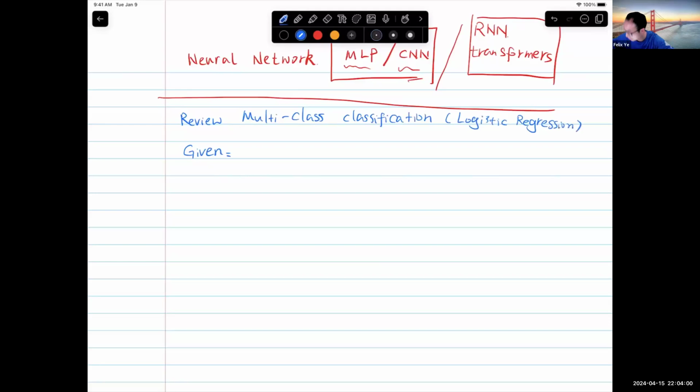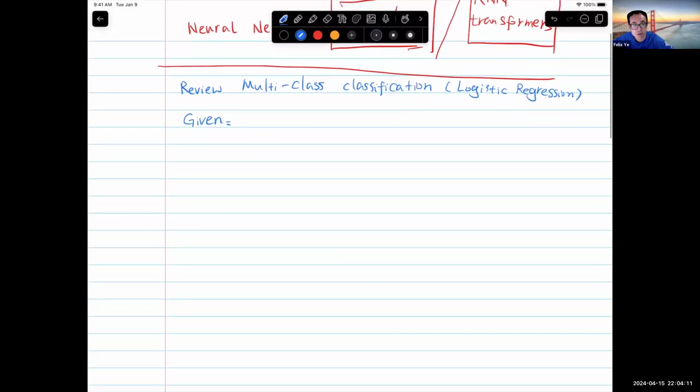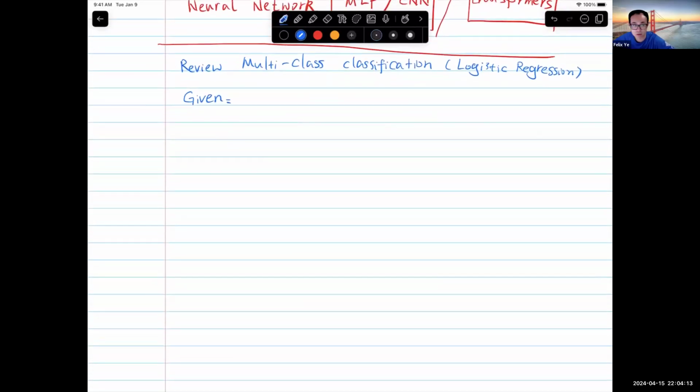I think we spent a significant amount of time on logistic regression. We talked about how to use packages to implement that and to work on this multi-class classification problem.